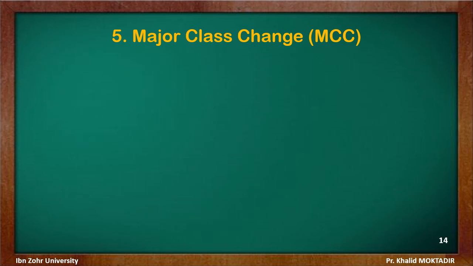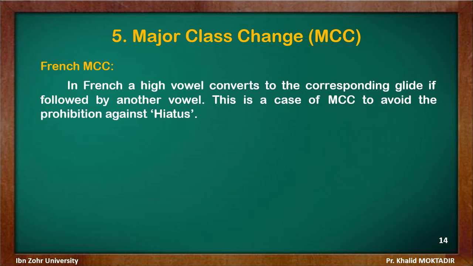Another example of major class change is picked up from French. In French, a high vowel converts to the corresponding glide. That is, I becomes Y, U becomes W, and U becomes U. That's what we mean by a high vowel converts to the corresponding glide.